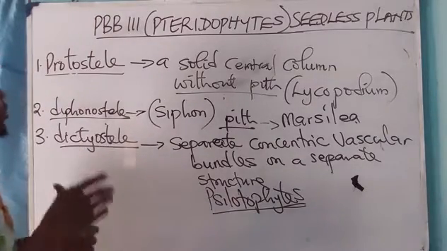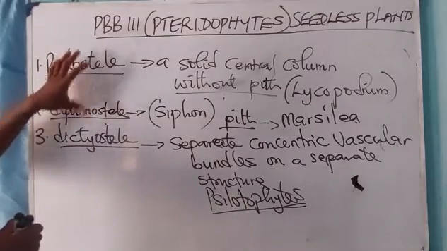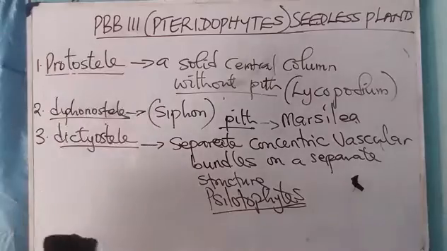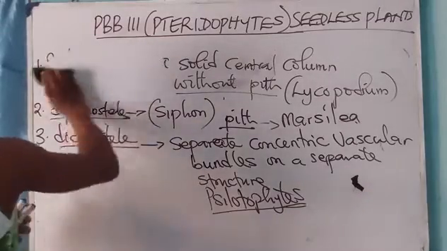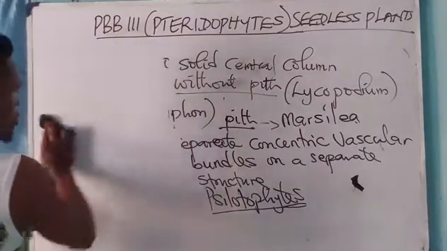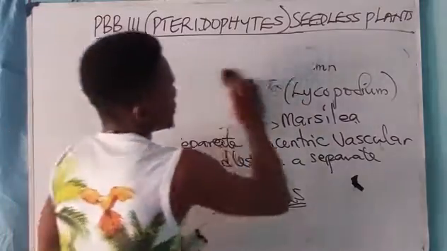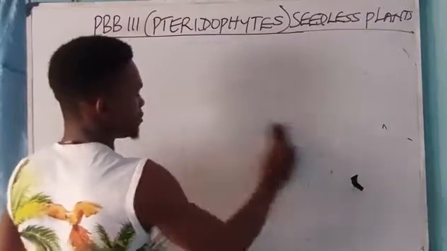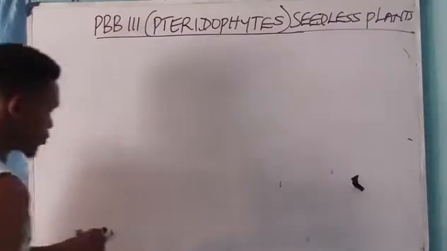I think we are done with the arrangement of vascular bundles in the pteridophytes. Now let us look at the divisions. We have 4 divisions of seedless plants called pteridophytes, but because of time, I'll take the first 2 divisions.